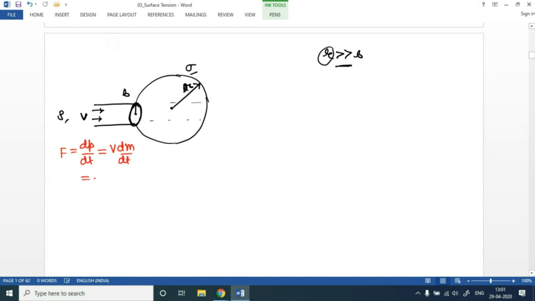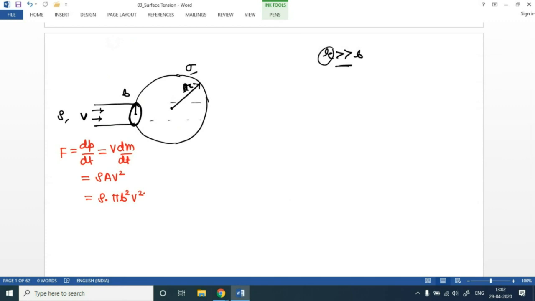So this is rho a v squared, where a is the area of the tube, pi b squared. So that is rho times pi b squared times v squared. That is the force exerted by this flow of air on the bubble. That is why the size of this bubble is growing.